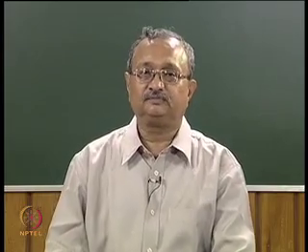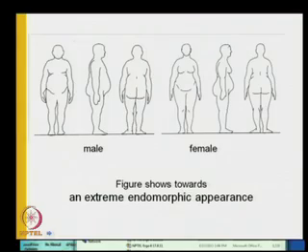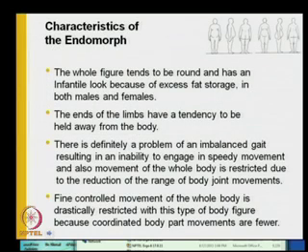Now, if we see the extreme figure types, first an extreme endomorphic appearance, fatty. We can see the figures front, side and back. The figures look like this for male and for females. What problems do they have?